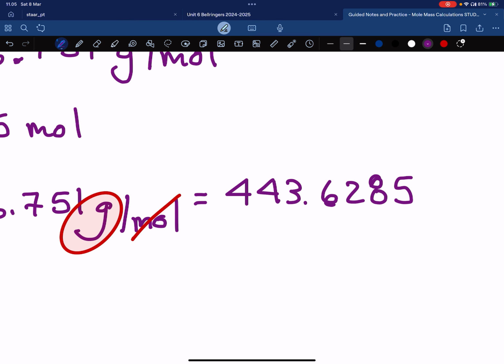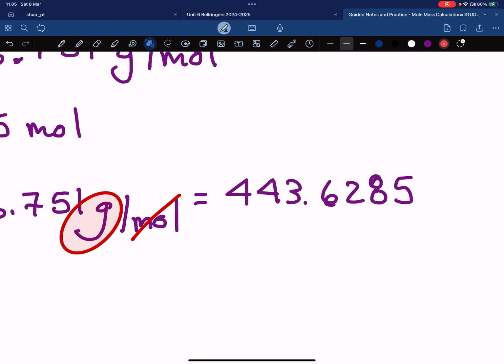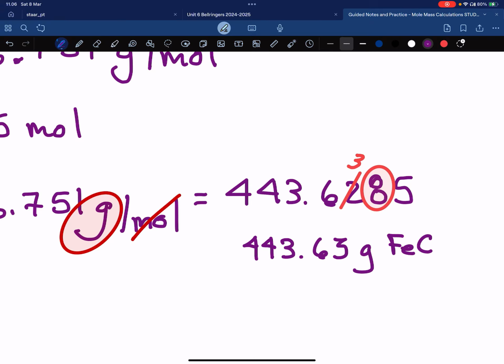We need to round to 2 decimal places, so you look at the third decimal place to see if it is greater than or equal to 5. It is, so we round up the second decimal place to a 3. Our final answer is reported as 443.63 grams of iron 2 chloride.